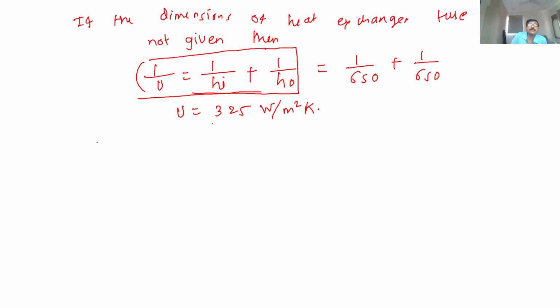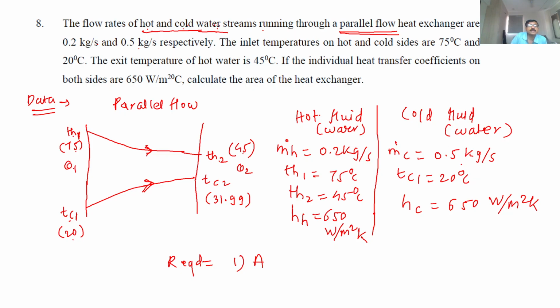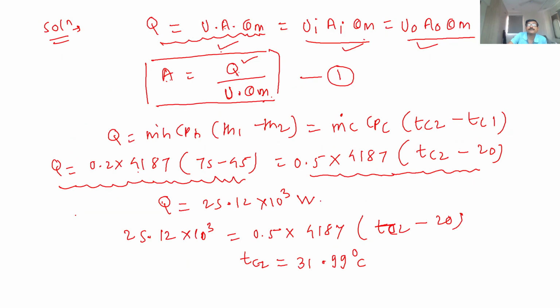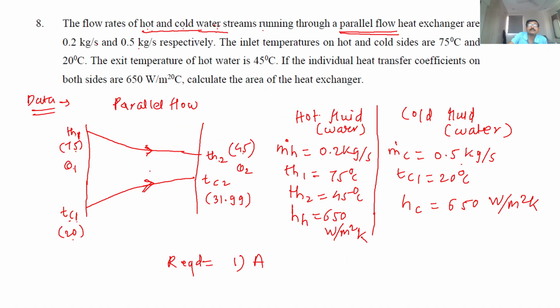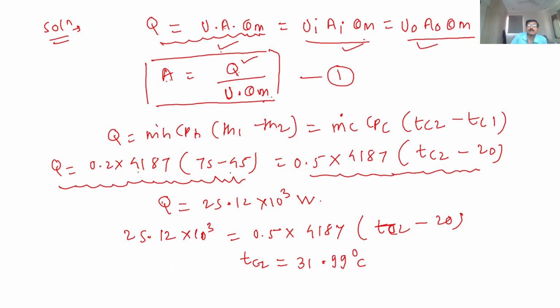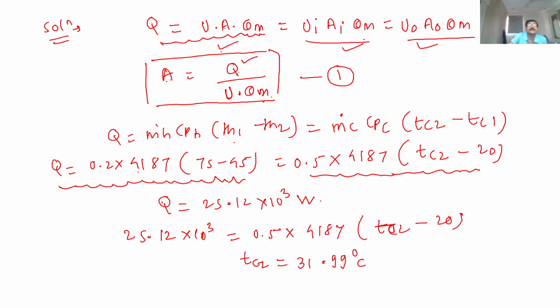So for theta m, you require theta 1. What is theta 1? Theta 1 is TH1 minus TC1. Theta 2 is TH2 minus TC2, so the difference of the two, TH2 minus TC2.